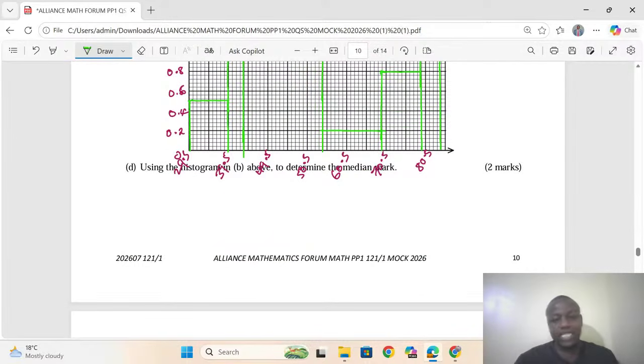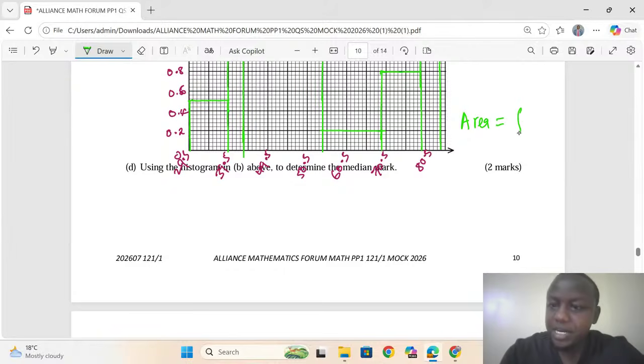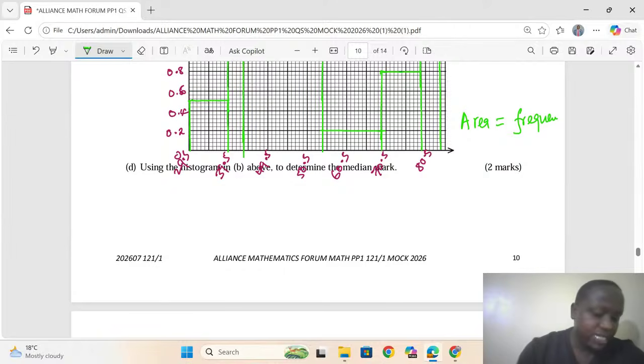Look at the second part now, the part which makes the learners think that the concept is difficult. That is part D. In part D, we are told, using the histogram in B above, determine the median mark. Now, for the median mark, it's good to know that the area of these bars represents frequency.